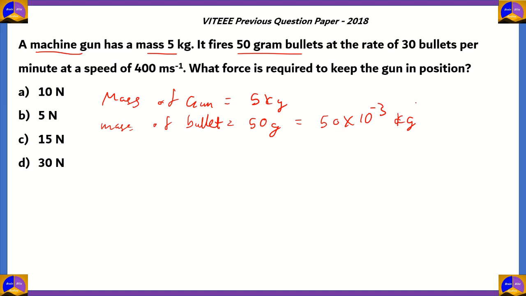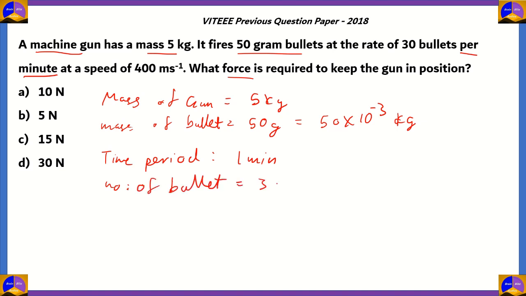In order to find out the force required, we're going to use the time period as 1 minute. That means the number of bullets we fire in that 1 minute will be 30. So here we have the rate of bullets fired, which is 30 bullets per minute.